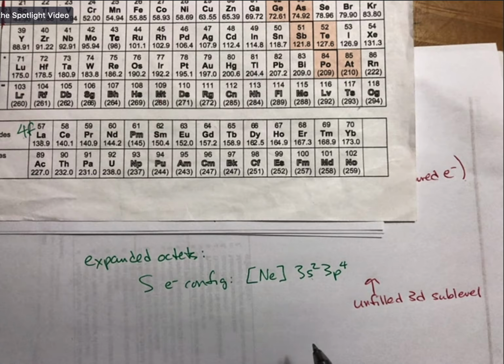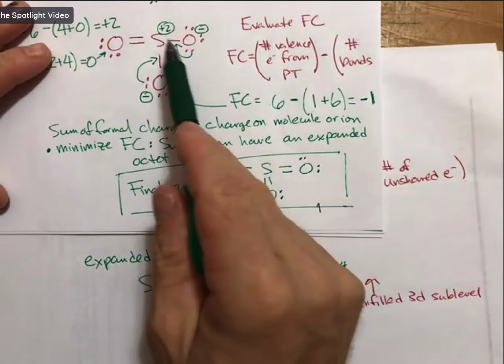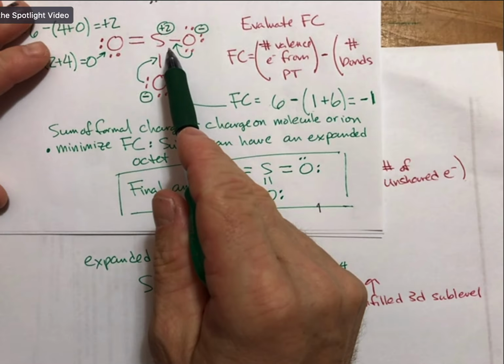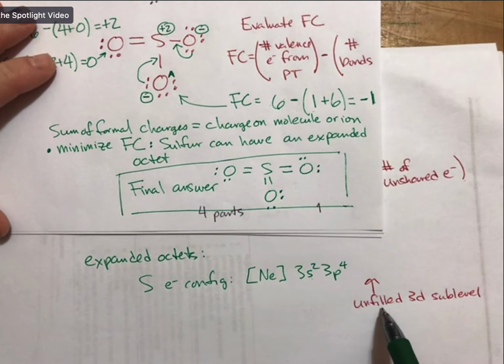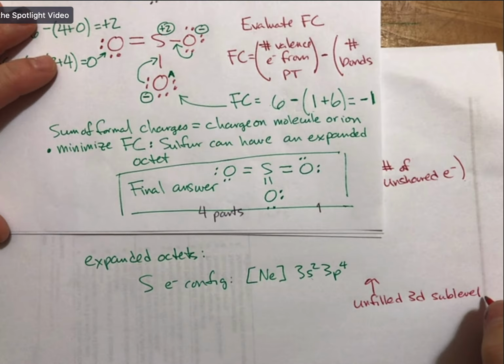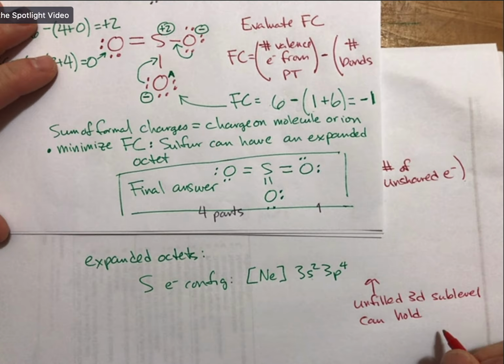But if a molecule has a bunch of formal charge in it, then it can also be stable to put extra electrons in the 3d sublevel. So the unfilled 3d sublevel can hold the electrons in an expanded octet.